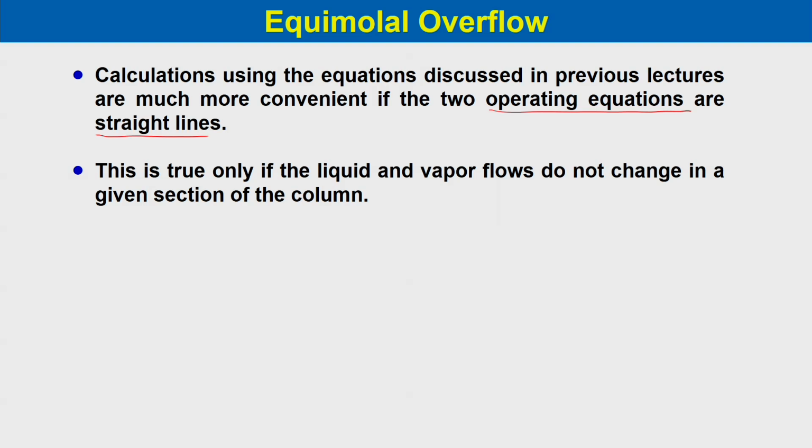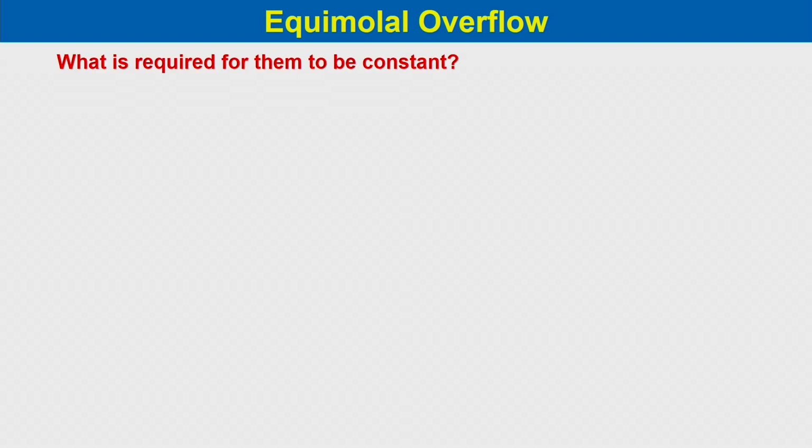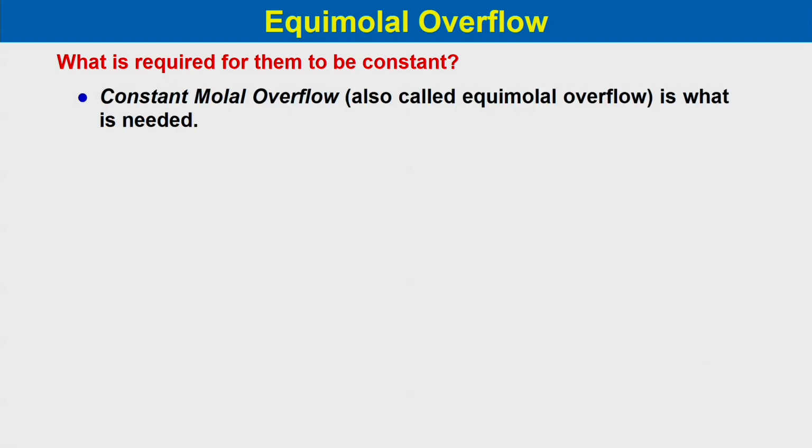This is true only if the liquid and the vapor flows do not change in the given section of the column. Then what is required is that the vapor and the liquid flow remain constant.